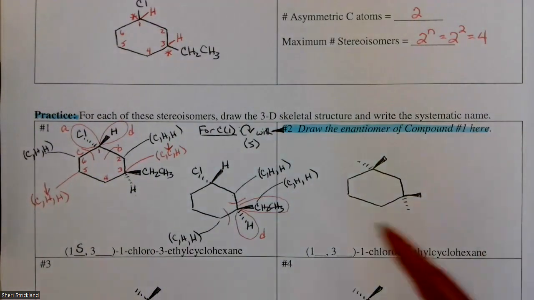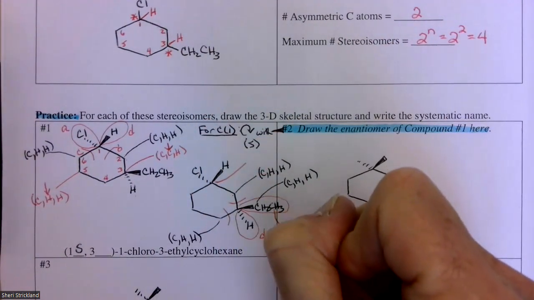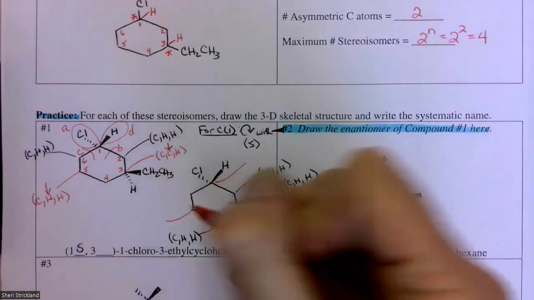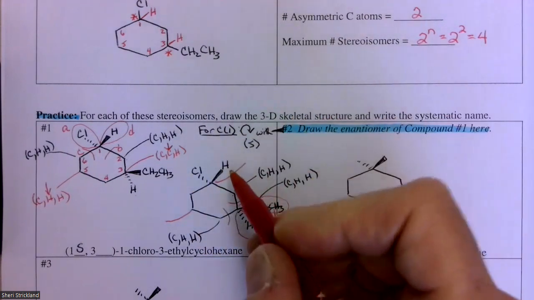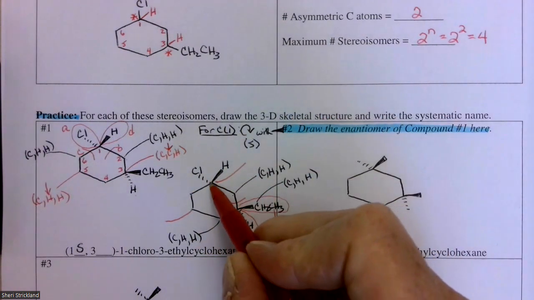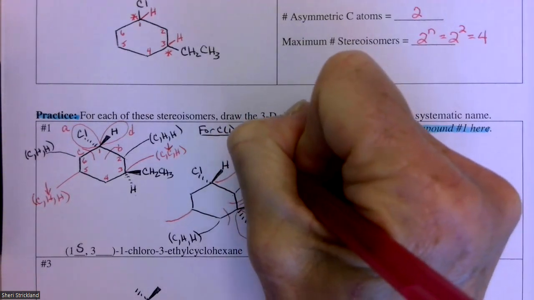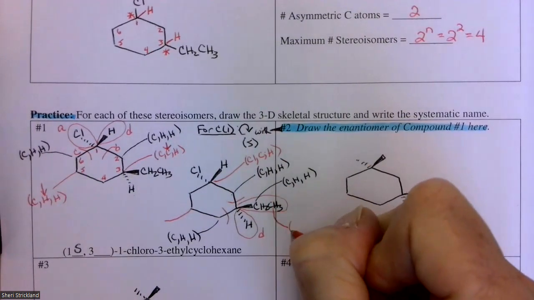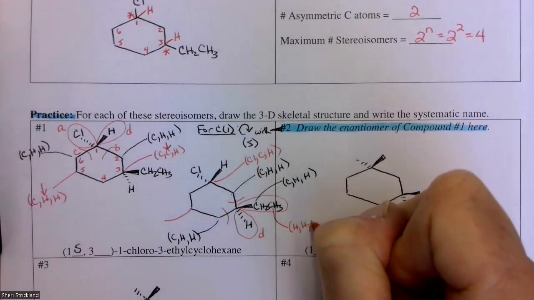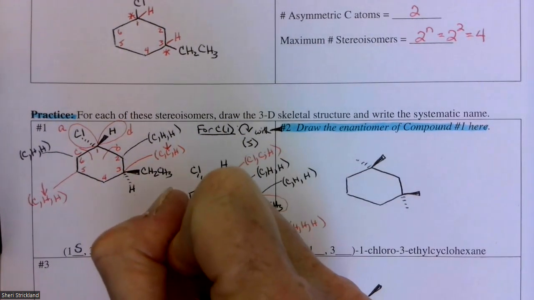So I'm going to go to the next one, which would be here, and here, and here. All right, so this one, moving away from the asymmetric carbon that we're investigating, has a chlorine, a carbon, and a hydrogen. This one is 3 hydrogens. And this one is a carbon and the 2 hydrogens that aren't shown.